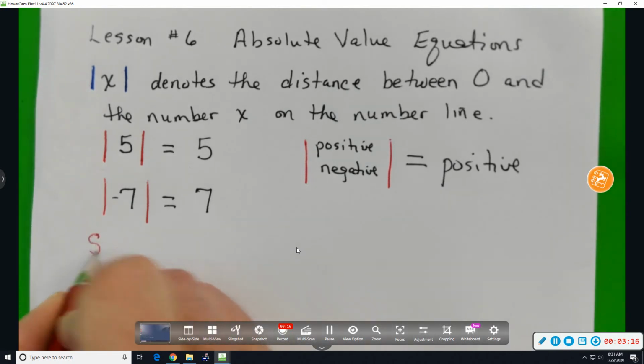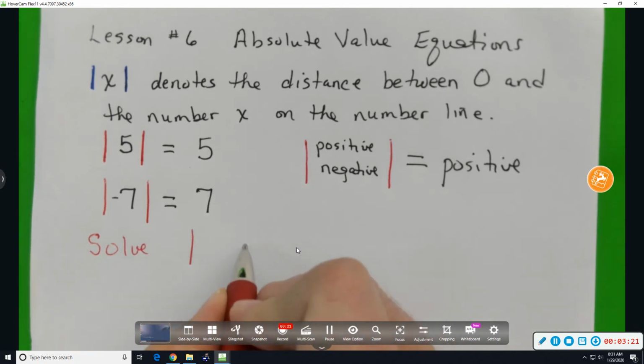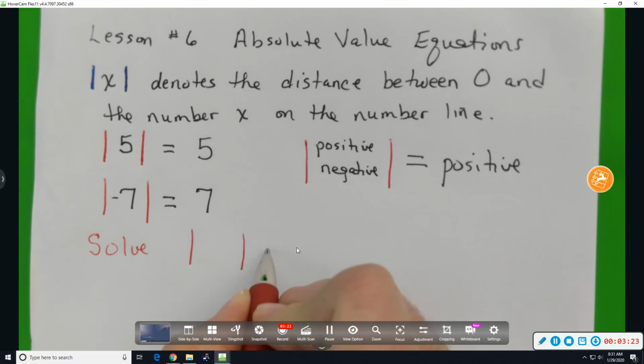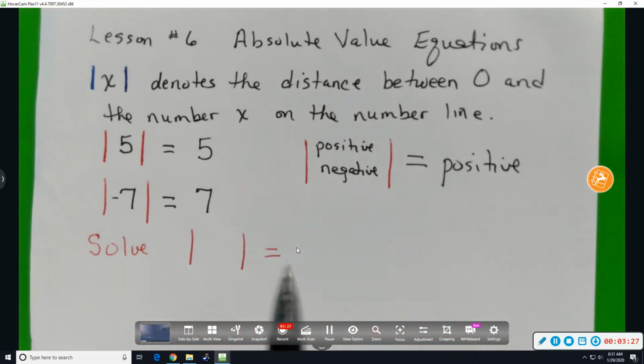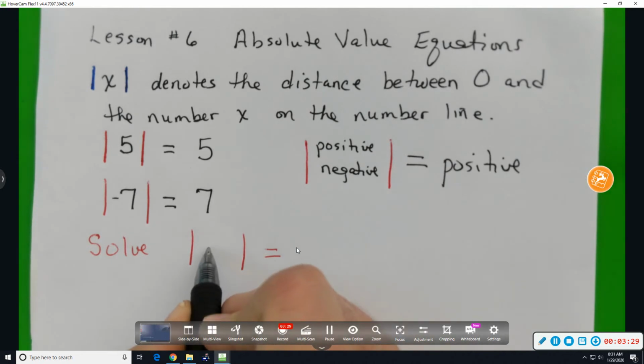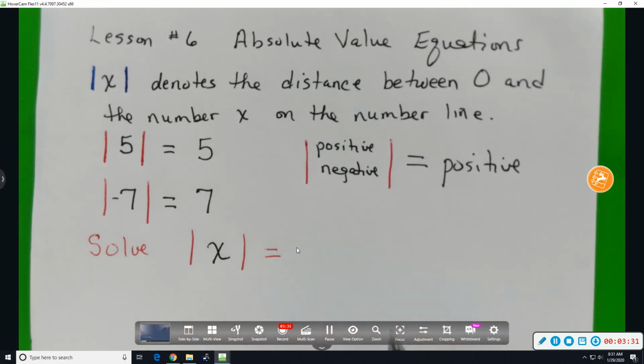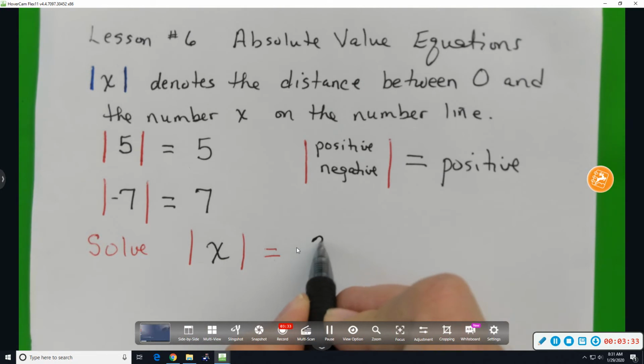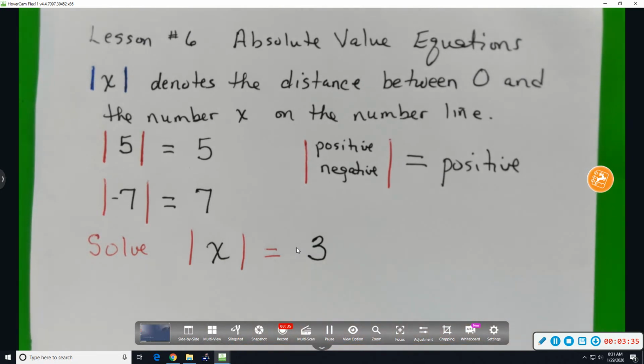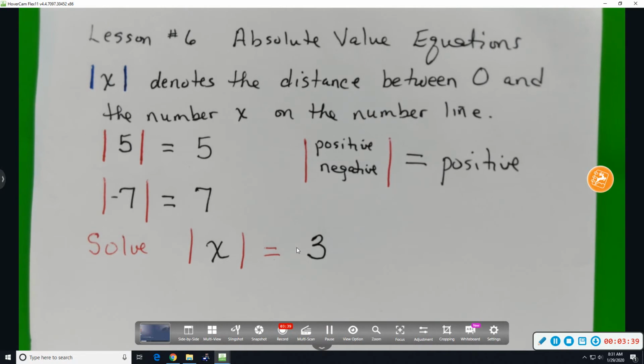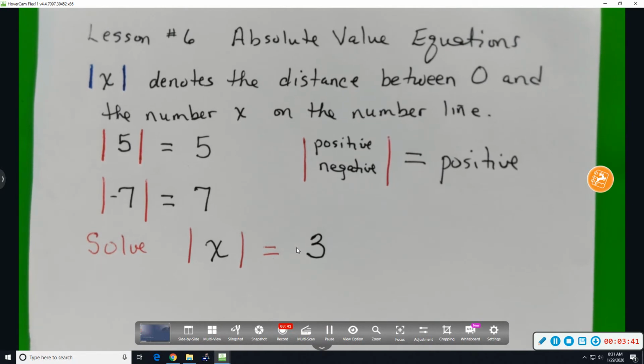Now, we're actually going to solve some equations here. So let's solve this one. An equation has an equal sign in it. Suppose we had this. The absolute value of x equals 3. Whenever you're trying to solve an equation, the answer is always going to be x equals some number.